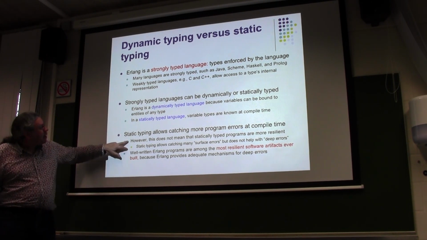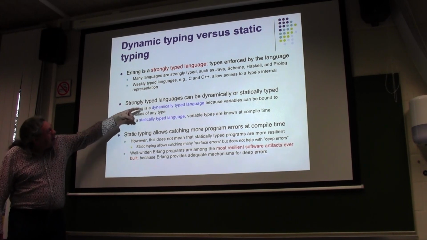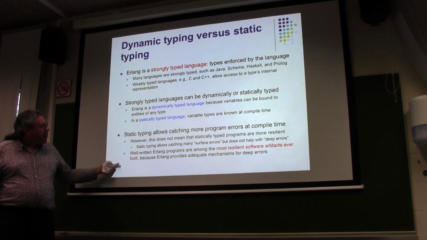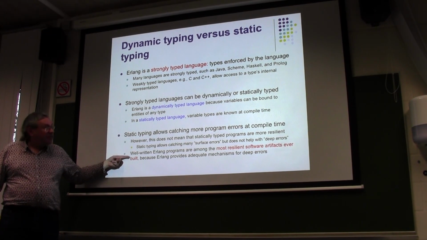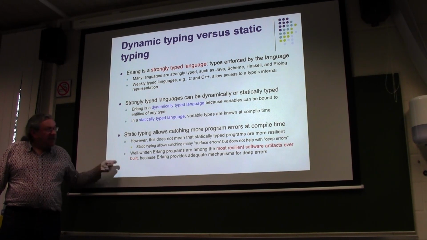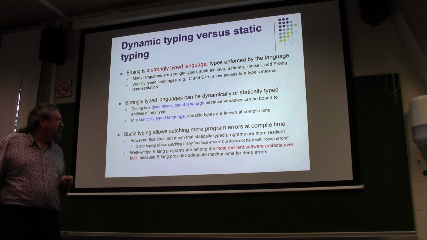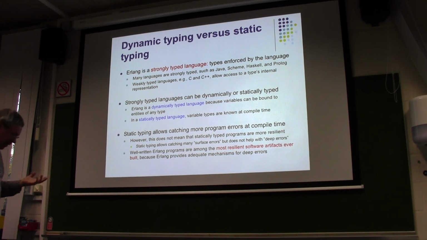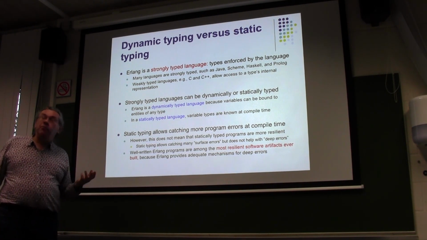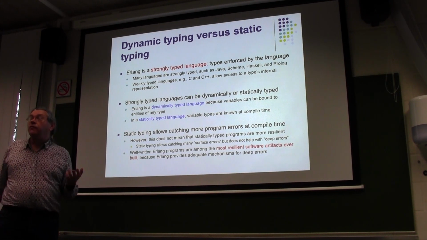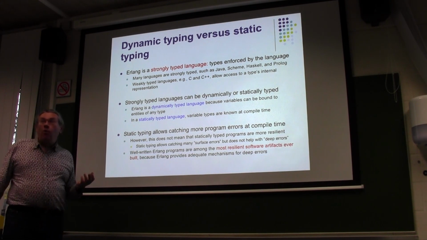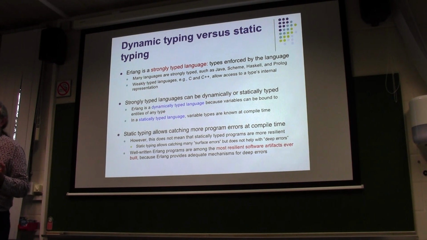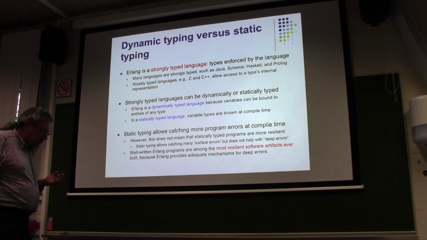And it's very interesting because Erlang, being dynamically typed, is much more resilient than any other language, even statically typed languages. So a statically typed language like Haskell would claim that the static typing helps a lot for robustness, but there are no distributed, long-lived Haskell programs, okay?